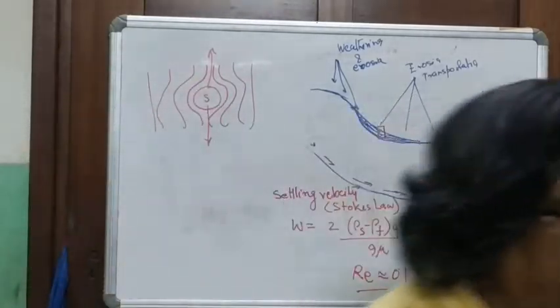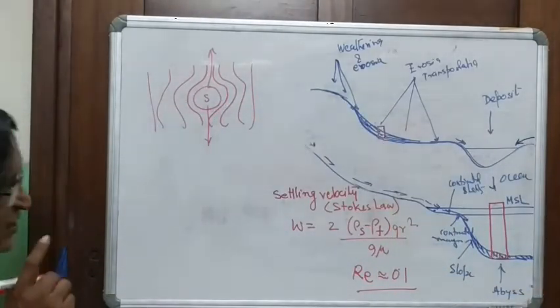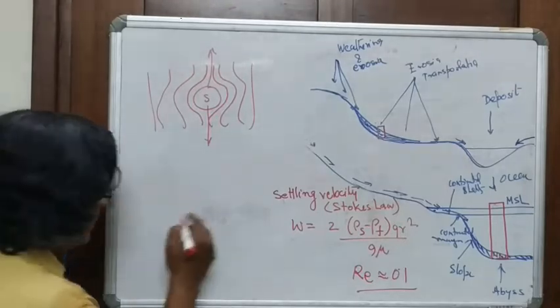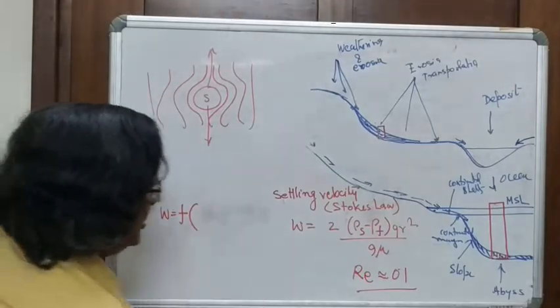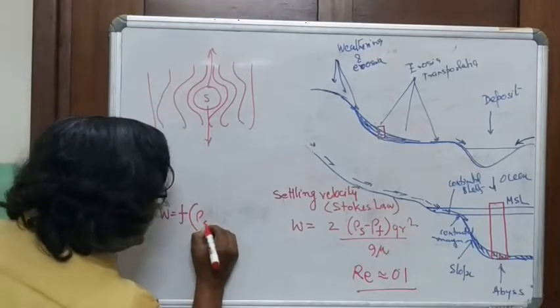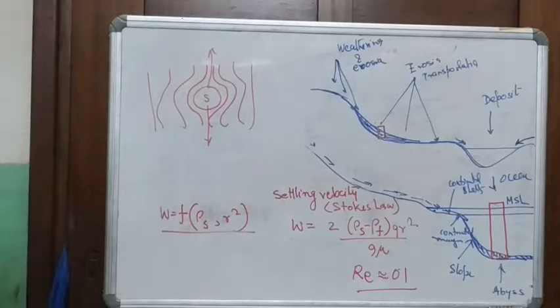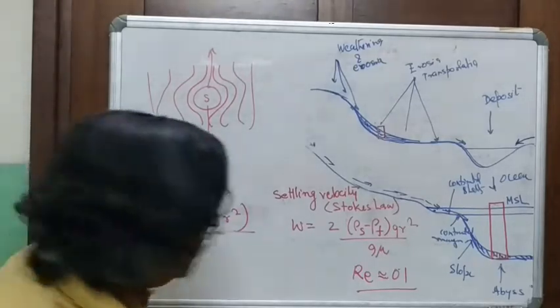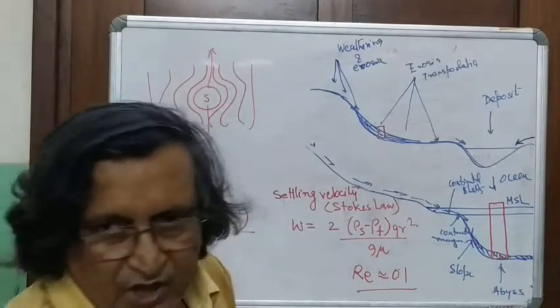It doesn't fall off. But the Stokes law is very interesting in many ways, because as you can see, this W is equal to a function of rho s and r squared. That's an important point, because we are taking all fluvial sediments, so the density of the fluid is 1 gram per centimeter cube, and this mu is almost a constant.